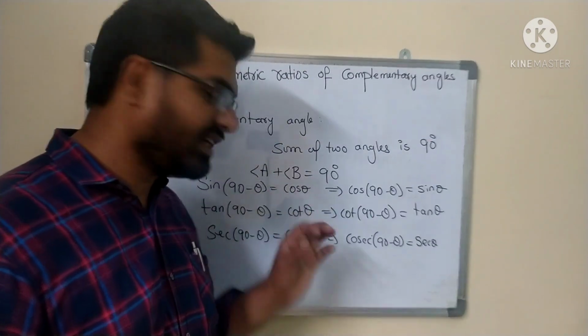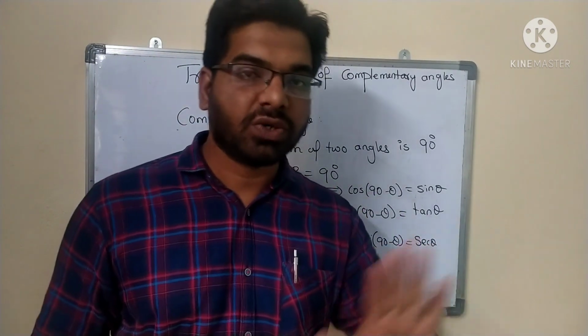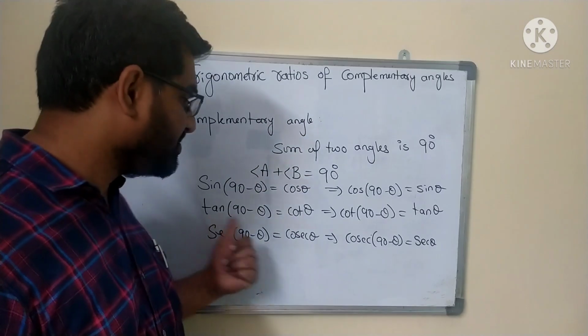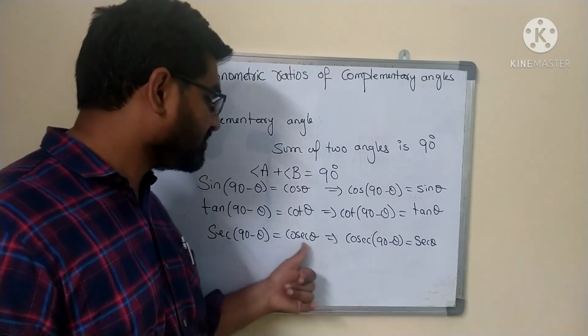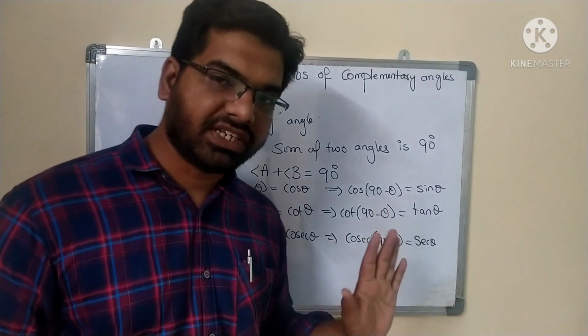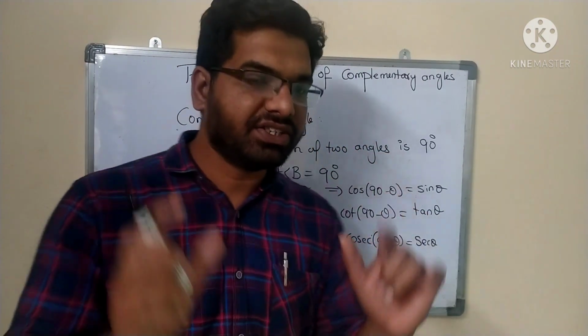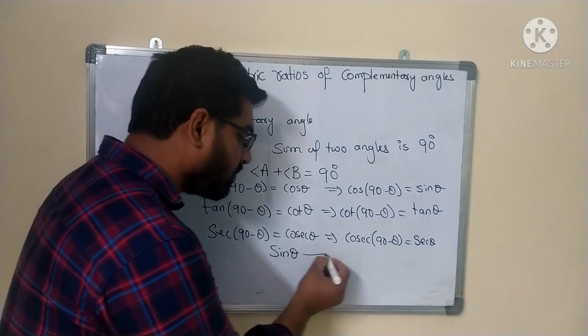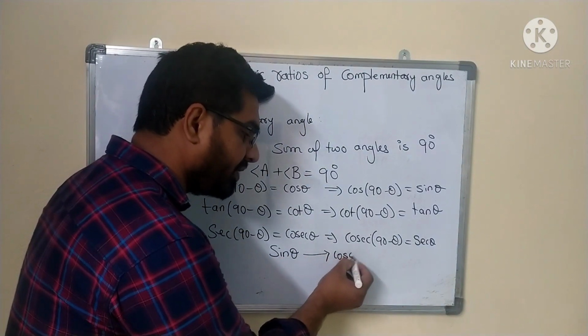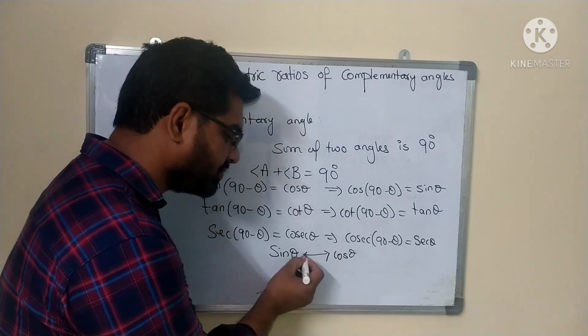Simply, in complementary angles sine changes to cos, cos changes to sine, tan changes to cot, cot changes to tan, and secant changes to cosecant, cosecant changes to secant. Very simply, just remember: sine changes to cos theta in complementary angles and cos theta changes to sin theta.